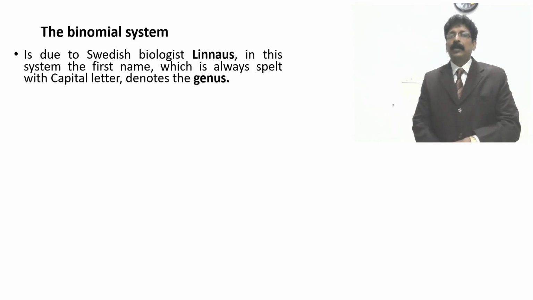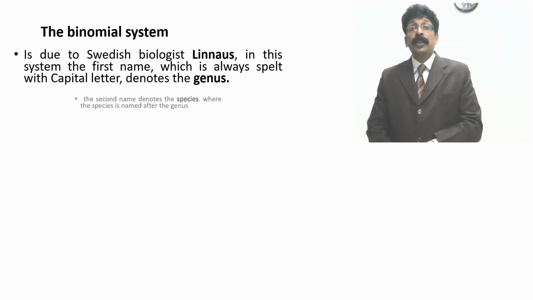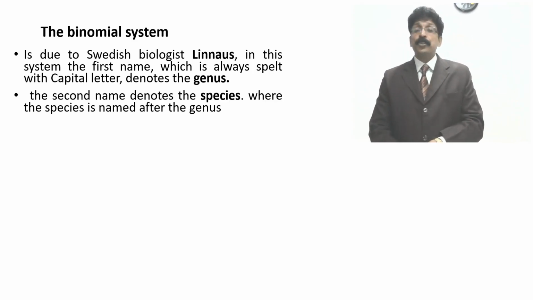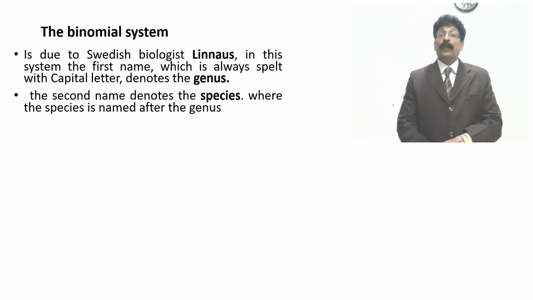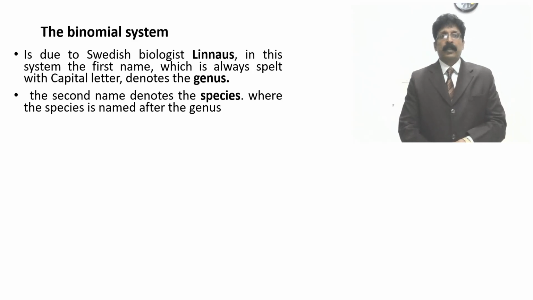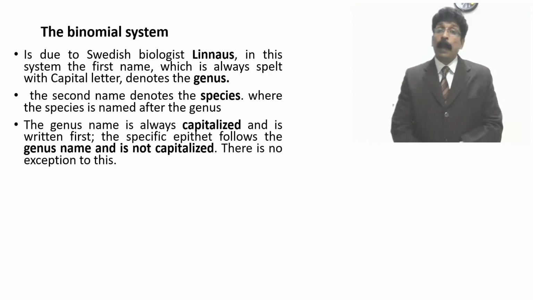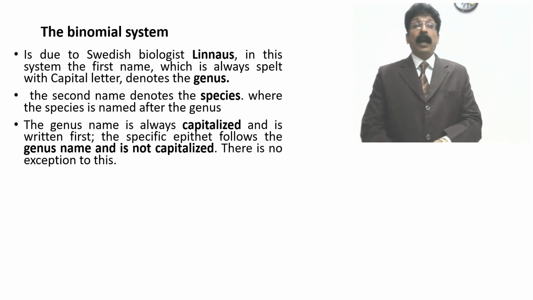So the genus name should start with a capital letter. There is no compromise in this case of writing any botanical or biological source of the natural crude drug. The second name, that is the species, should be in small letters. The genus name is always capitalized and is written first.